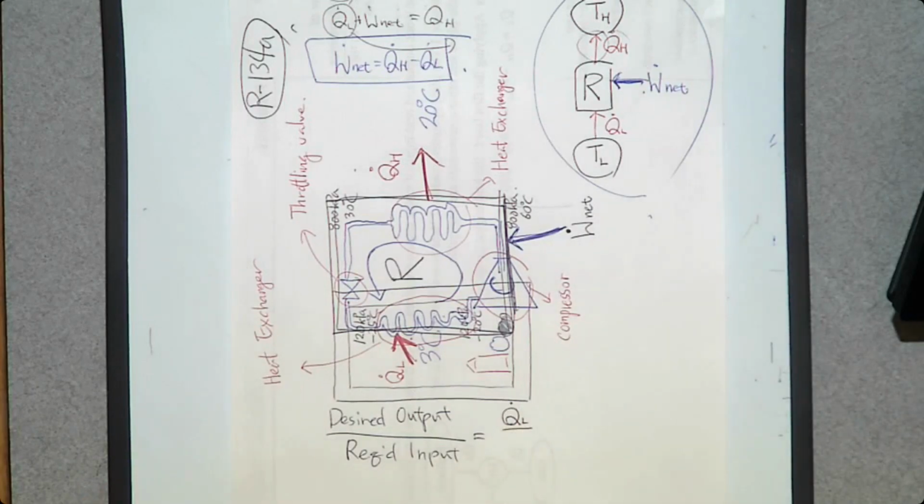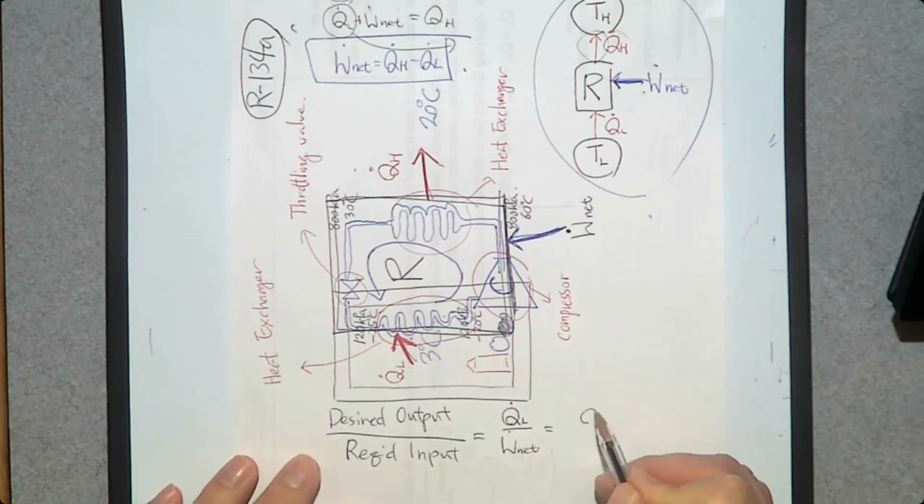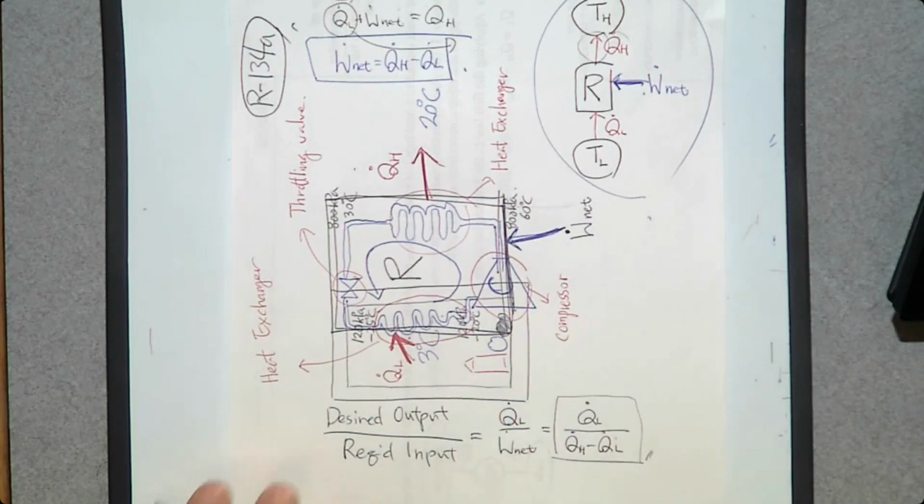Then to run a refrigerator, what do we need to provide? Kitchen air? Electricity. So the work, W dot net, is required input. By the way, the W dot net is going to be Q dot H minus Q dot L. So we can also say this one is Q dot L over Q dot H minus Q dot L. So that's how you determine the efficiency.